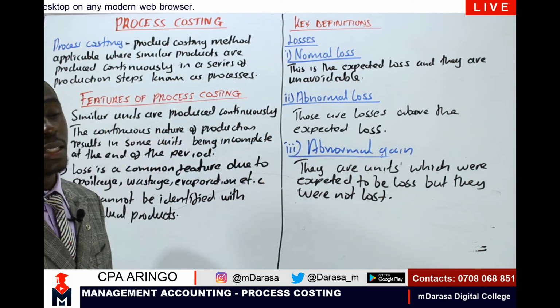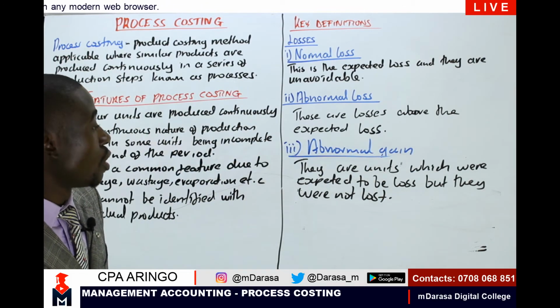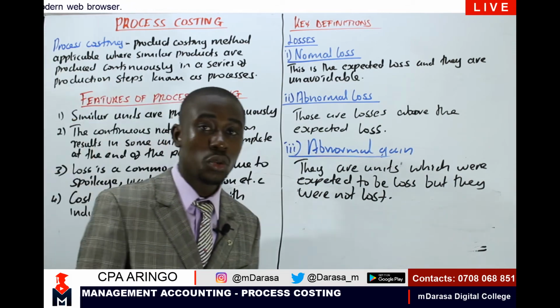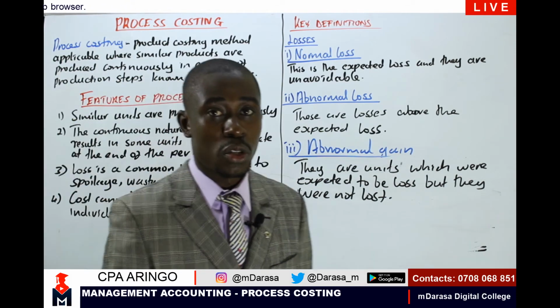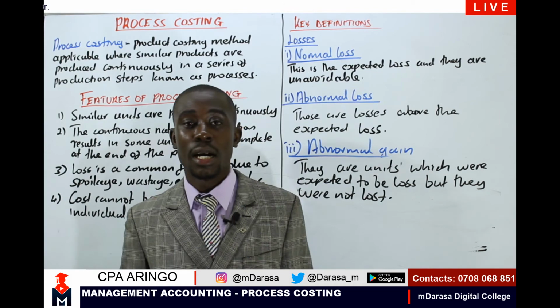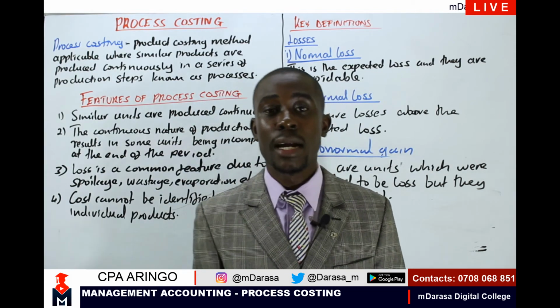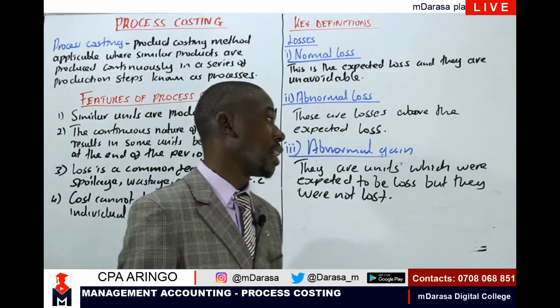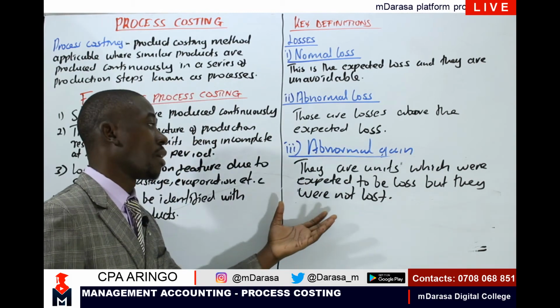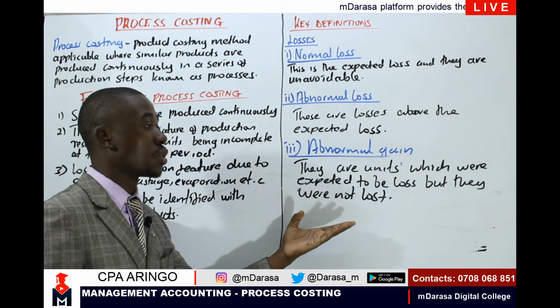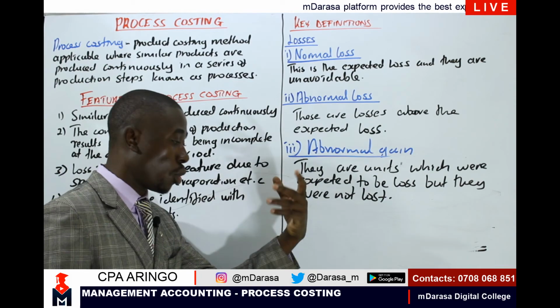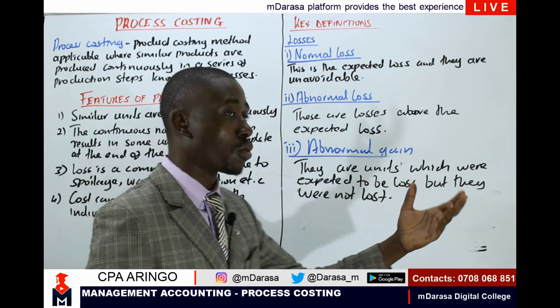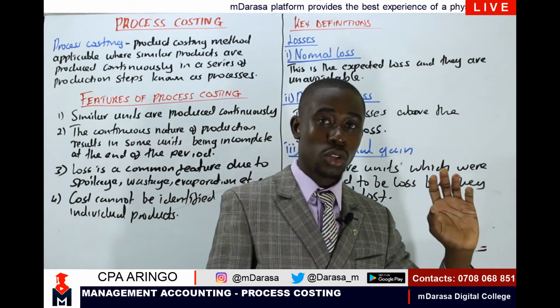So basically, just as what I mentioned earlier on, whereby I'm anticipating to incur more loss, but in the actual case, I'm incurring less loss than what we had anticipated. So this will occur whereby I'm incurring less loss than what I had anticipated, meaning that what we were expecting to be lost, probably in this case, we are not going to lose them.